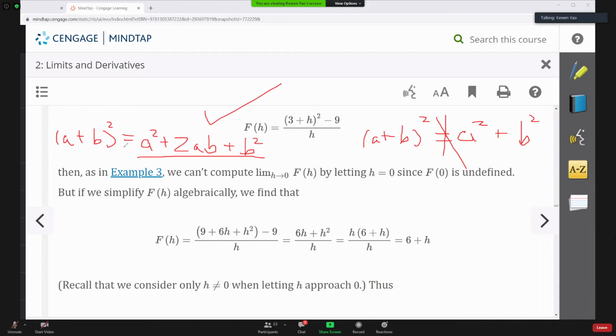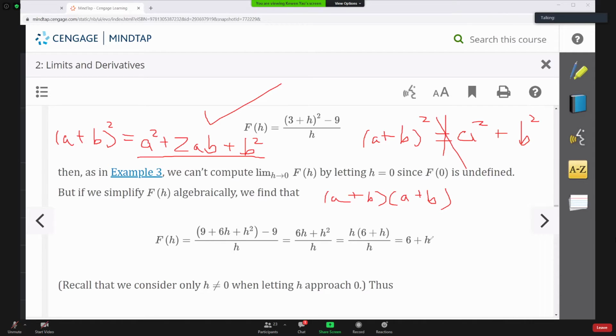See, (a plus b) squared is a squared plus 2ab plus b squared. It's easy to see why, right? (a plus b) squared is (a plus b) times (a plus b). Now you can do it.